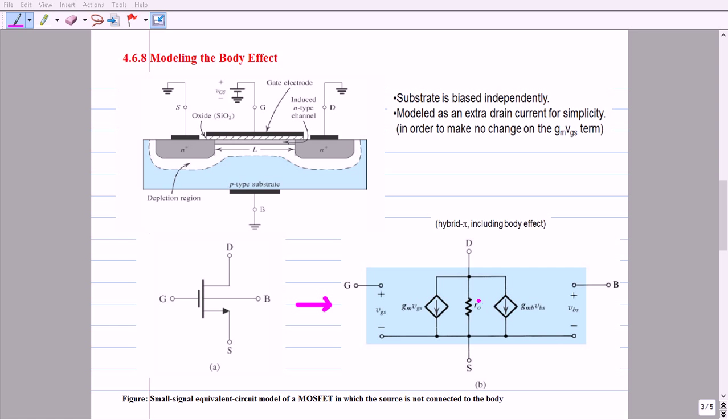The resistance shown here, R0, is nothing but the resistance offered by the MOSFET between the drain and source terminals. This resistance is called the early effect resistance or channel length modulation effect resistance. This model is an extension of the hybrid pi model, but the body effect has been included in this small signal equivalent circuit model.